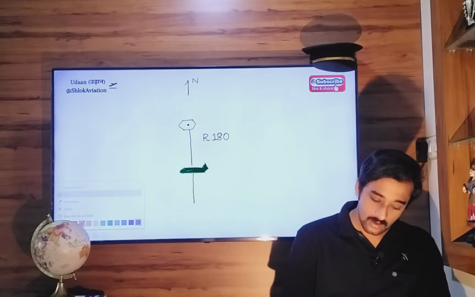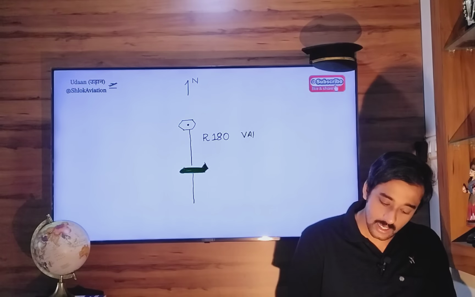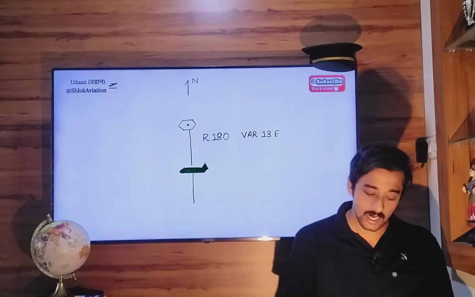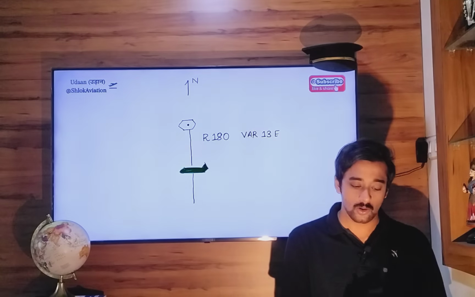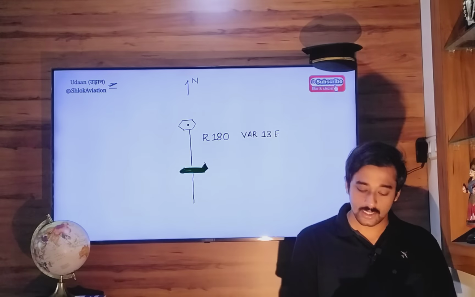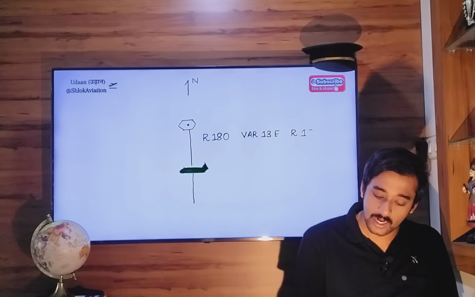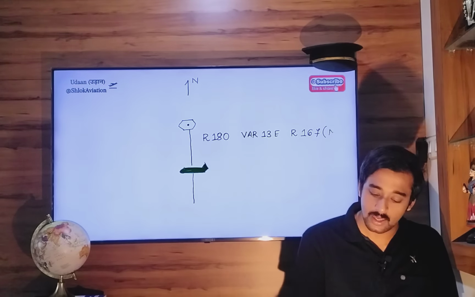So variation 13 east, so magnetic will be least. So magnetic direction will be 180 minus 13, which is 167. So that means aircraft is actually located on radial 167 in terms of magnetic direction, 180 in terms of true direction. Okay. So next.